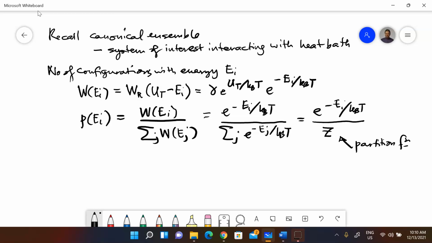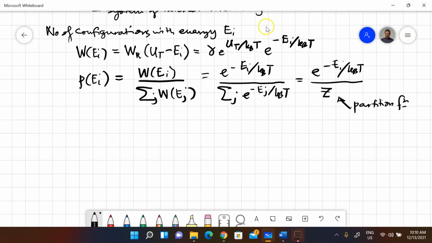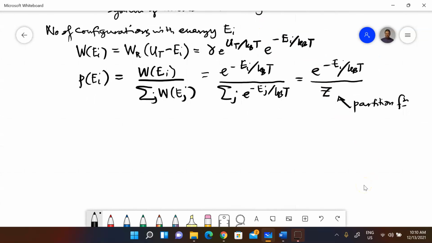So before we proceed to do calculations on this canonical ensemble, let me just say the following. If we look at the probability over here, you can see that the dependence on the temperature is coming from this exponent with the denominator here. So at low temperatures, what's going to happen? I didn't quite see this in the last lecture.